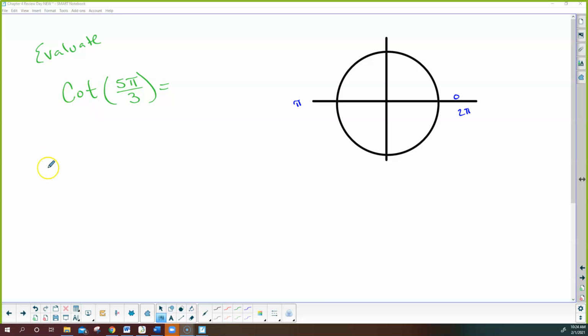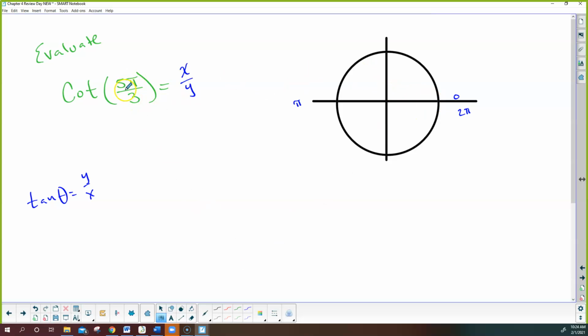So I see cotangent right away. And this is what I'm thinking. From the unit circle, we know that tangent of any angle was sine over cosine, or that was y over x. Well, in this case, cotangent is the reciprocal, so x over y, which means I need to figure out where is 5 pi over 3.